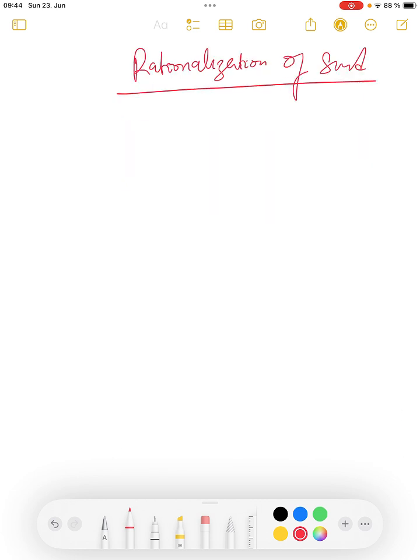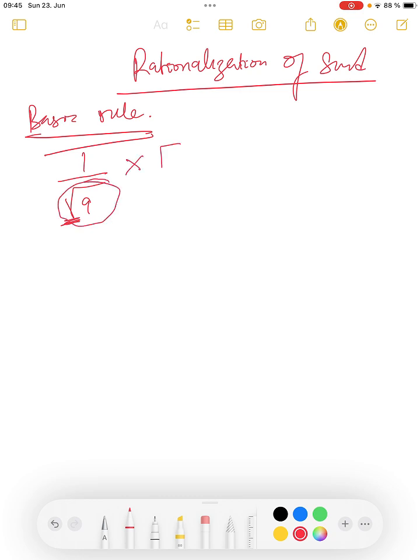So we are going to look at the procedure for rationalizing a surd. We are going to take a couple of examples. First, you need to understand some basic rules. When you have 1 over root a, to remove this irrational part, this square root, you just multiply both the numerator and the denominator by this radical.